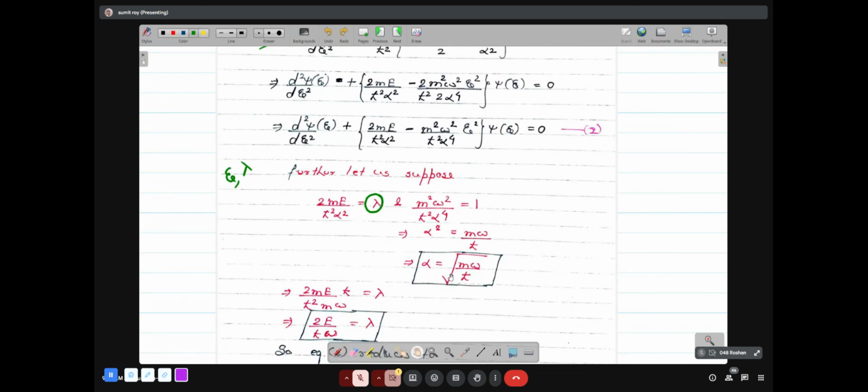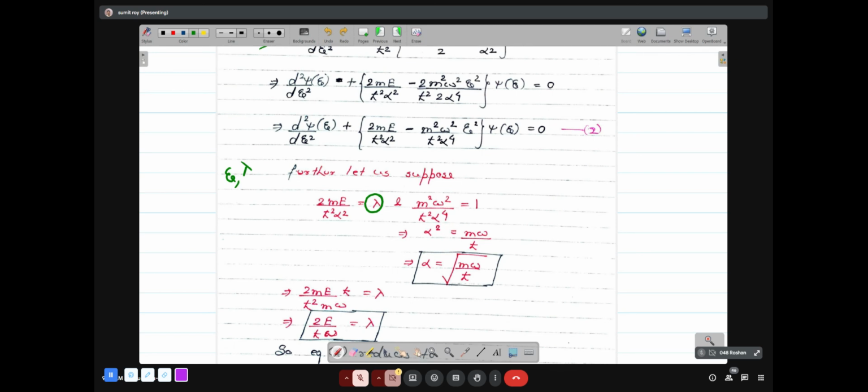So you have something like alpha is equals to m omega by h cut. The constant that we defined, that zeta is proportional to x. So zeta is alpha times x. This is the value of alpha, which is under root m omega by h cut.